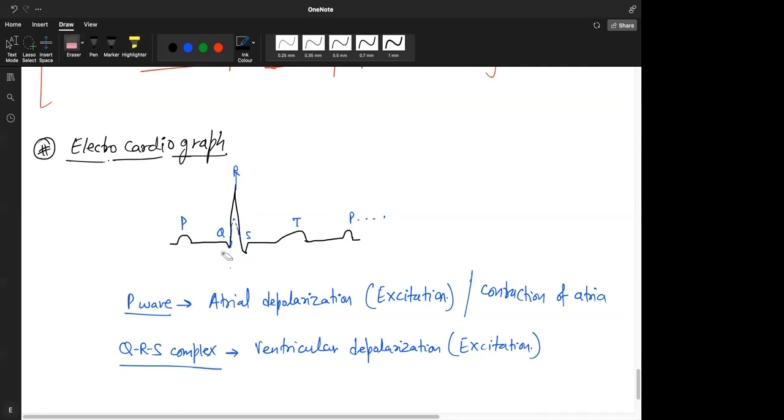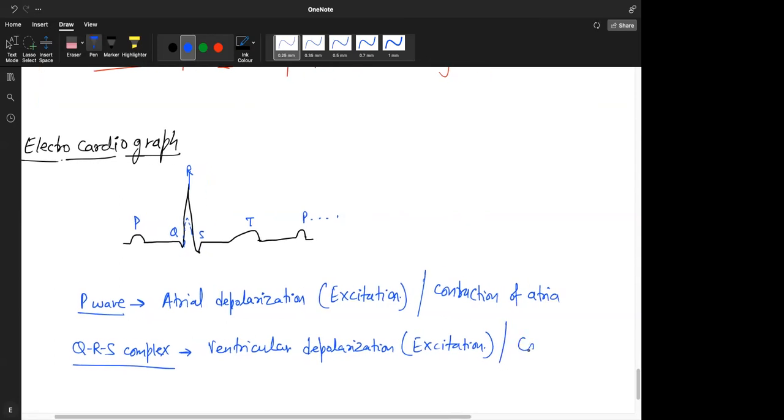Do you understand, everyone? So this means it initiates contraction of ventricles.